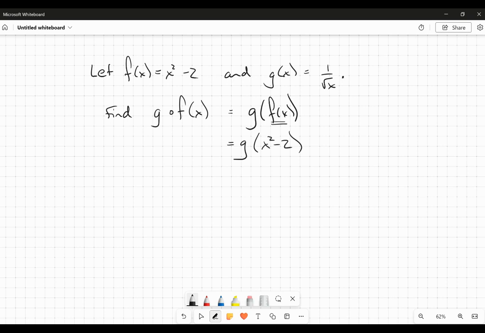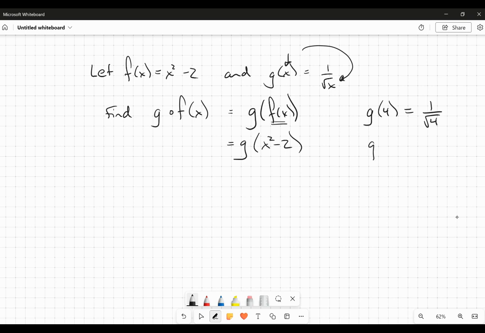But now we've got to be really clear on what function notation is doing. g of x takes whatever's inside the function here, square roots it, and then reciprocates it in a sense. In other words, it puts it 1 over the square root of x. So if I've got, for example, 4, that means I've got 1 over the square root of 4.